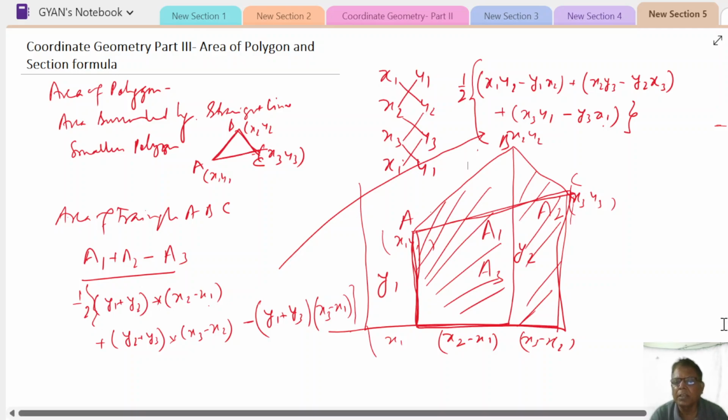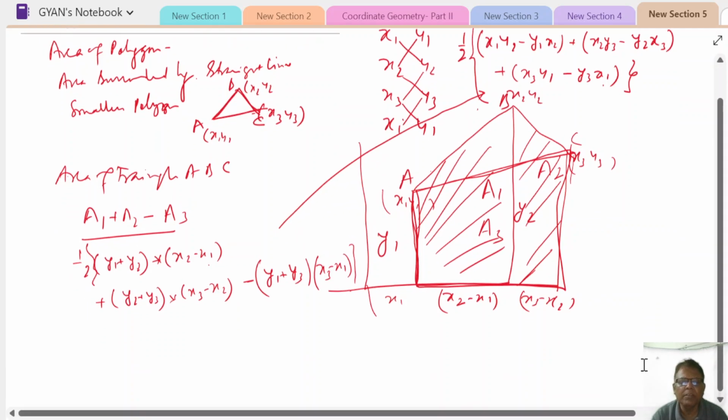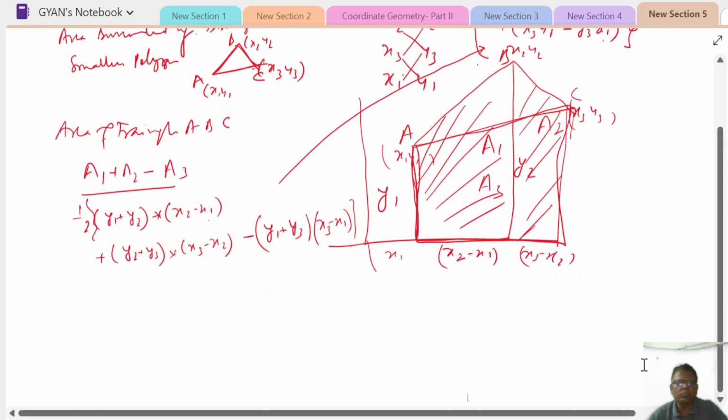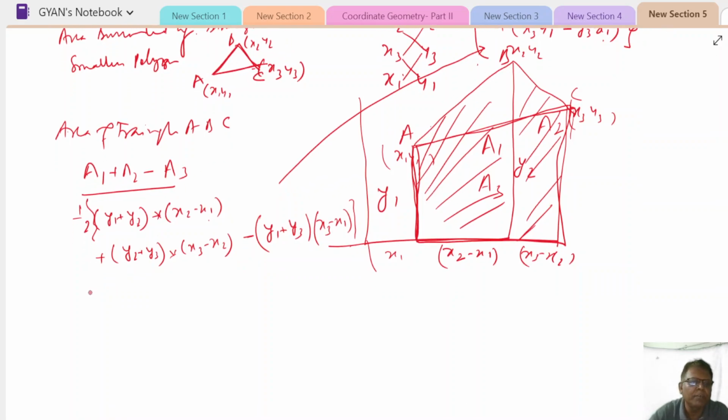In the last chapter, we proved that three points are collinear. If three points are collinear, then the area of the triangle will be 0. So collinearity of points can also be proved by this.